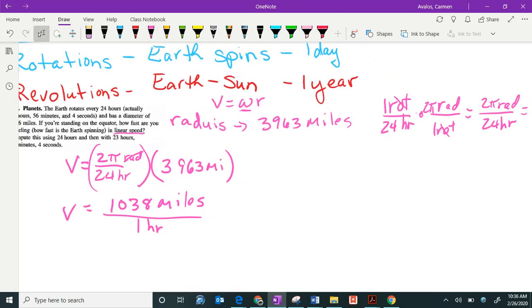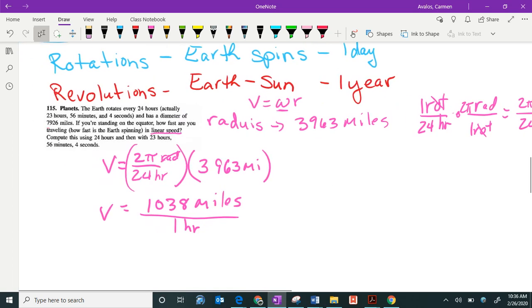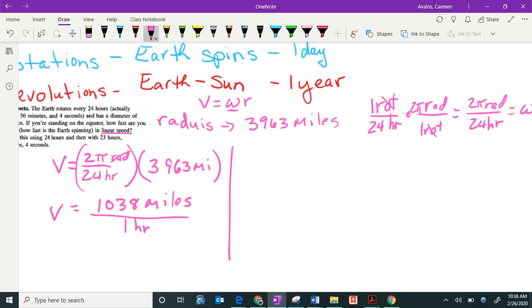We now need to calculate it for 23 hours, 56 minutes and 4 seconds. We need to do the same thing. We already have the 23 hours, so we need to change the minutes into hours. We have 1 hour per 60 minutes, so the minutes cancel, and it's approximately 0.9333, almost 1 full hour, which makes sense because it's 56 minutes.